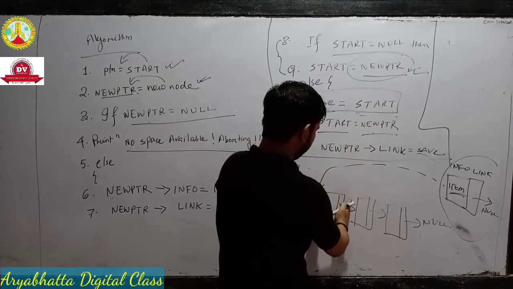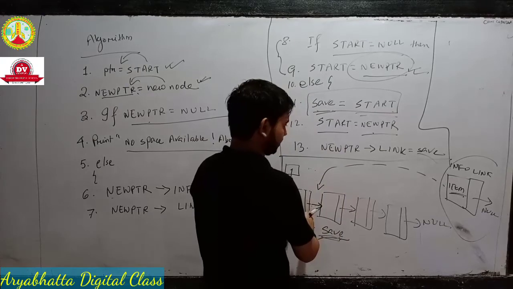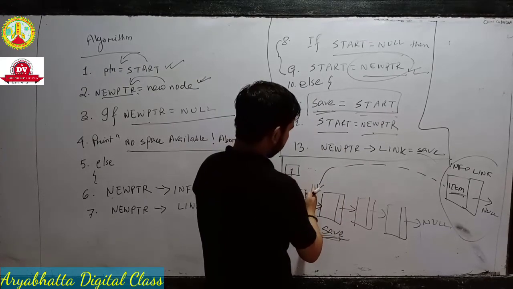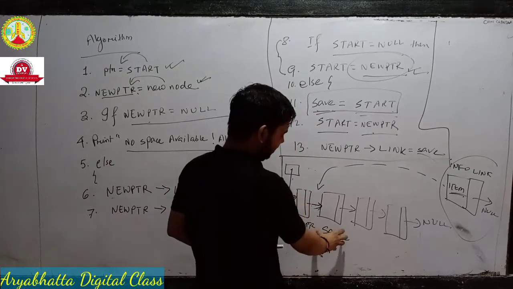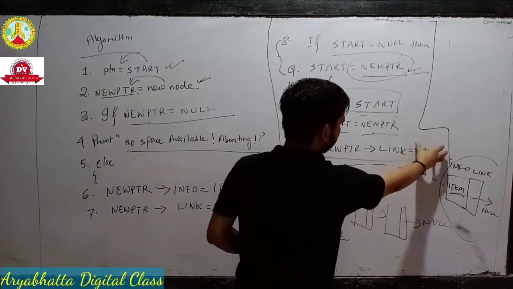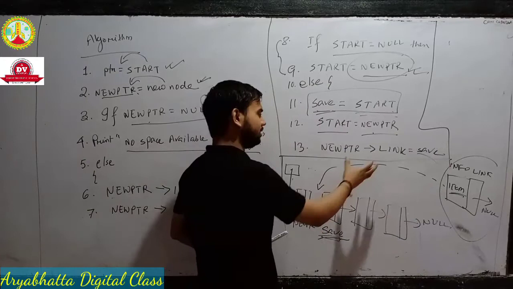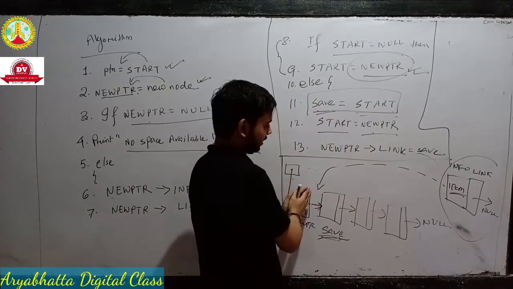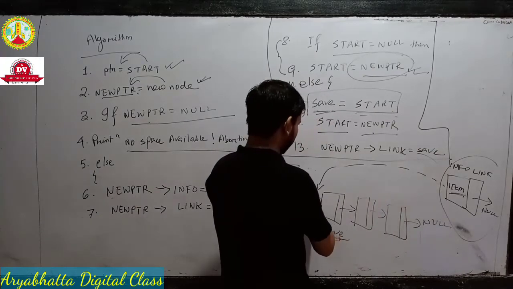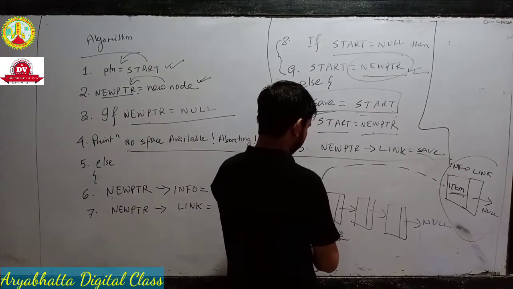Initially start is here, now start points to this, and new PTR link goes to this. Save contains the first node, the previous first node, until the new node is added.